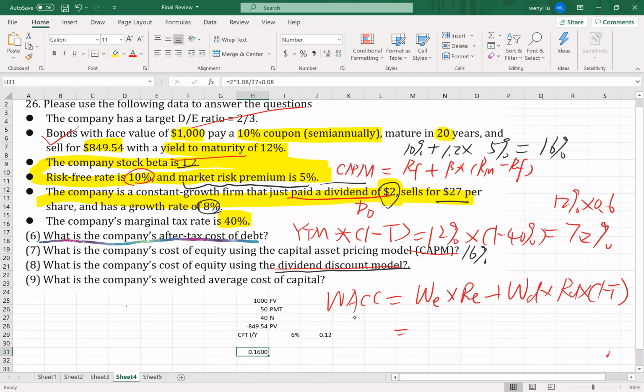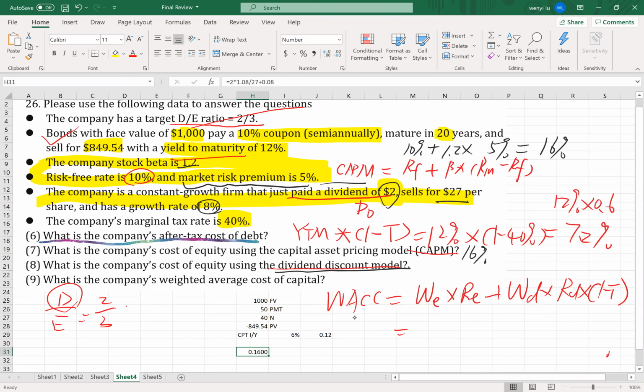What's the weight of debt and equity? There's no such weight given directly, but you can, based on this debt to equity leverage ratio, solve the weight. D over E equals 2 over 3, meaning in a company's total capital, D will take 2 slices and E will take 3 slices.